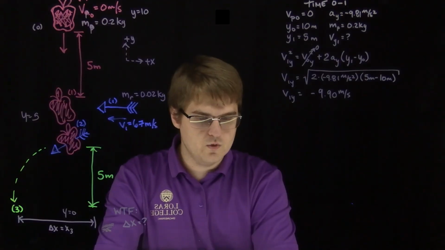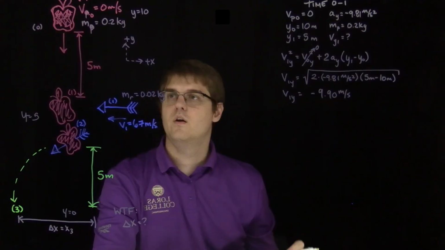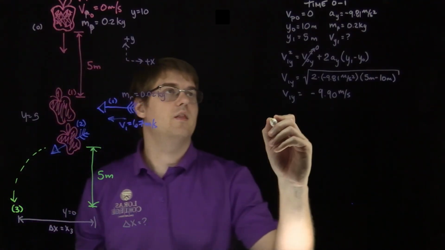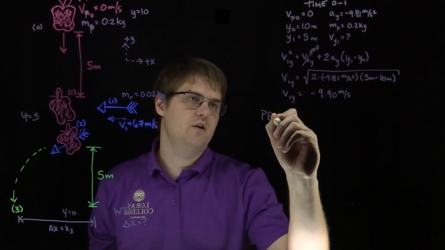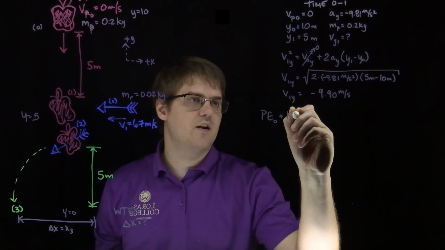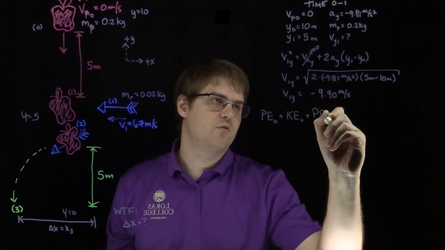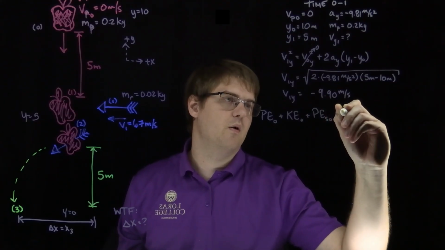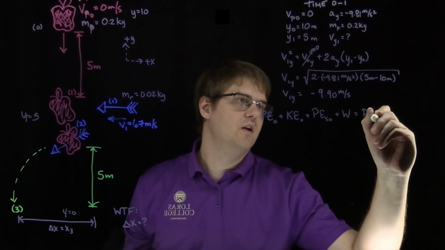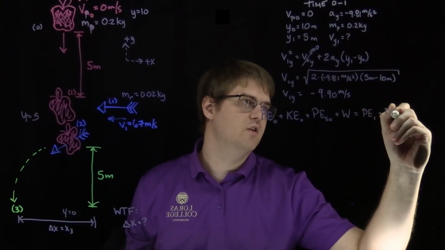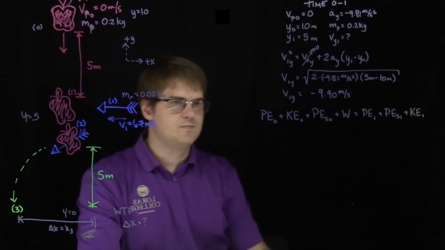A note to you guys, I could also do this. I have an extra way. In fact, let's go ahead and do it. Between 0 and 1, I can look at my potential energy at 0 plus my kinetic energy at 0 plus my potential energy of springs at 0 plus my work done is going to be equal to my potential energy at 1 plus my potential energy springs at 1 plus my kinetic energy at 1.